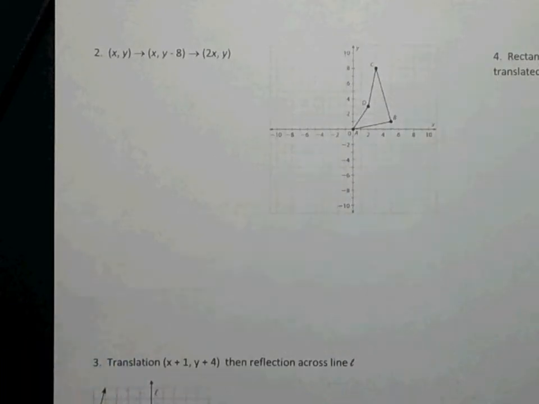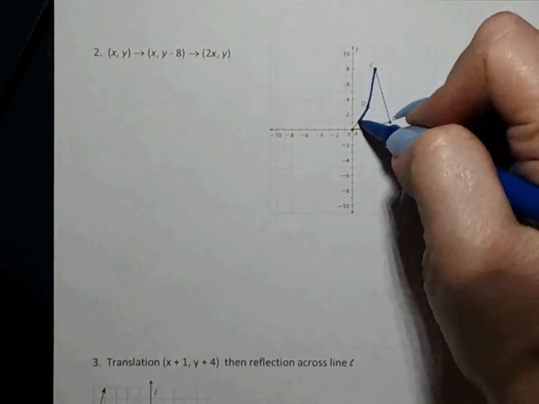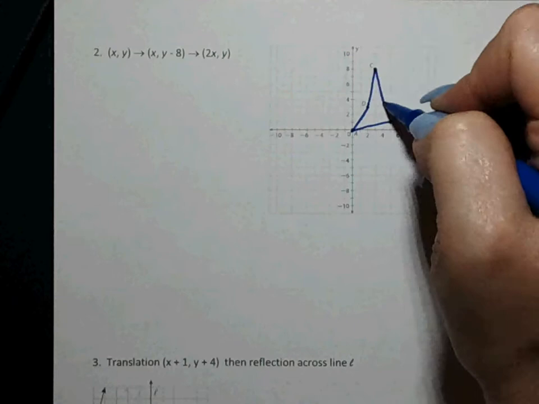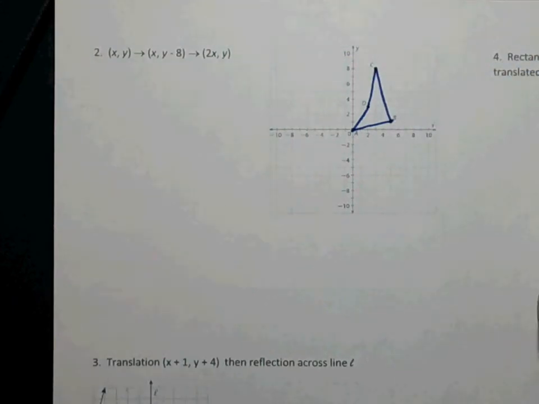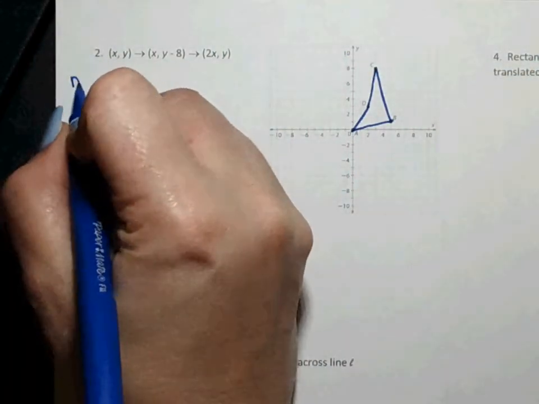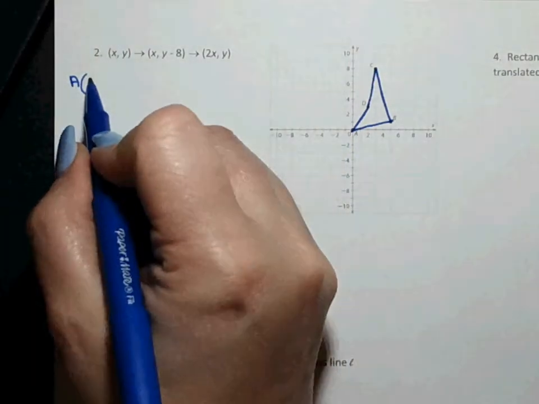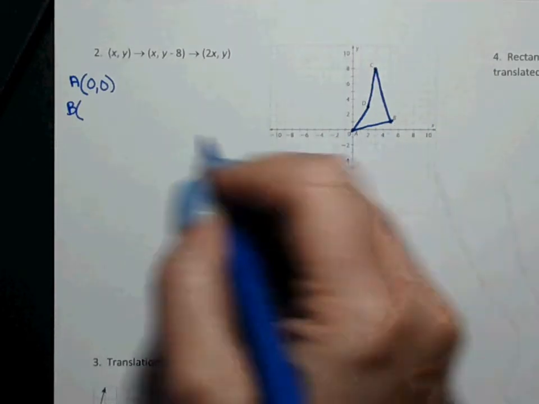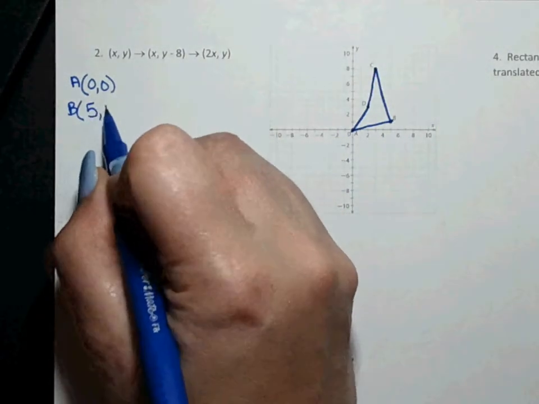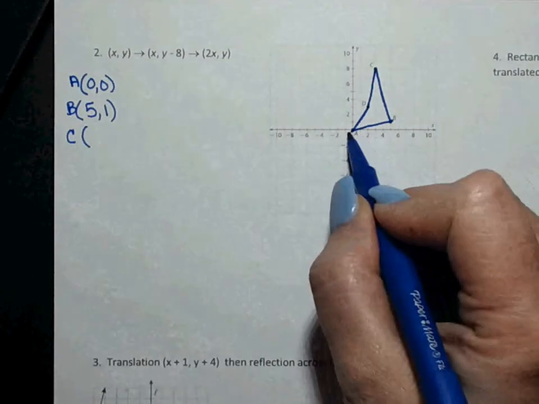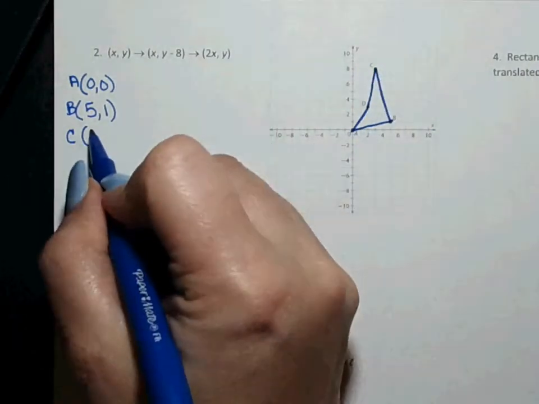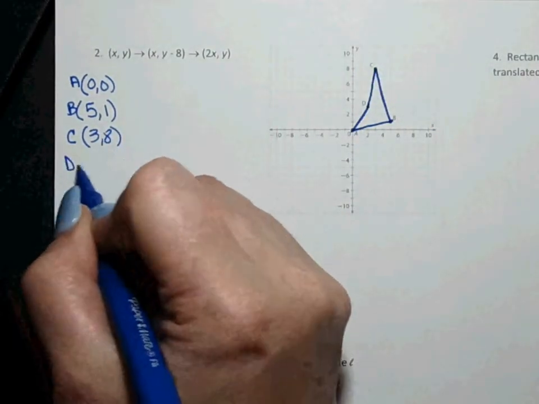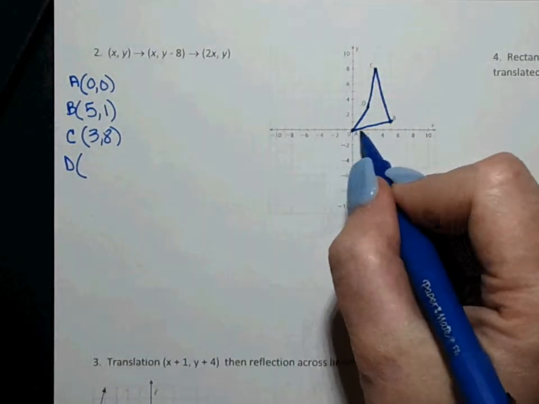Alright, so I want to take my original image, which is here, my pre-image, I'm sorry, and I want to write down my points. So I've got the points. A is at 0, 0, B is at 5, 1, C is at 3, 8, and D is at 2, 3.